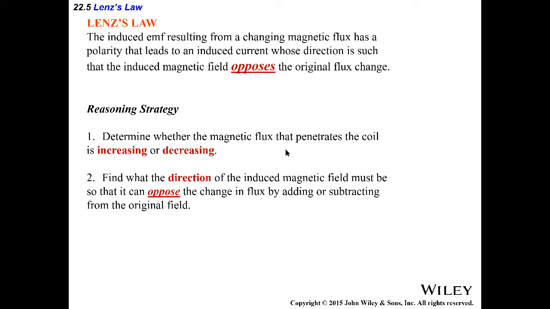But Lenz says the current that actually flows is so as to oppose whatever magnetic field is coming through. Because you woke me up. You woke me up so that now I have an induced current. But which way do I run? I will run, namely the current, so as to oppose the magnetic field that caused me to wake up.